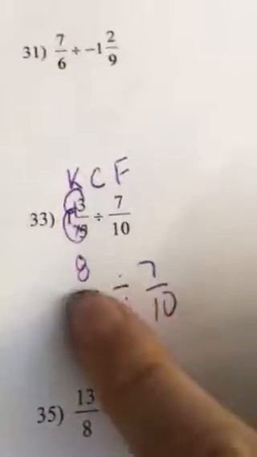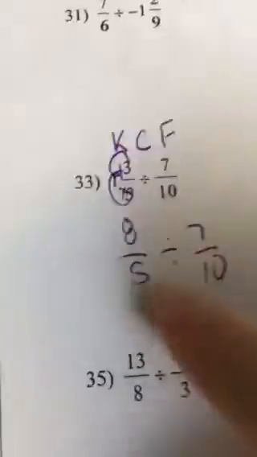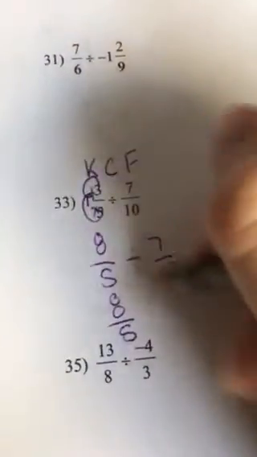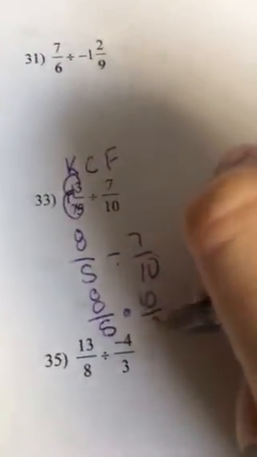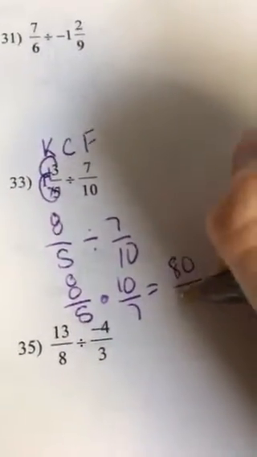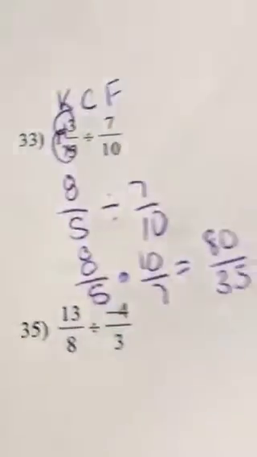And then when dividing fractions, don't ask why, flip the second fraction and multiply. So I'm going to rewrite it 8/5 times 10/7, and then we multiply straight across. I get 80/35. This is an improper fraction, so then I would go on to divide and turn it into a mixed number.